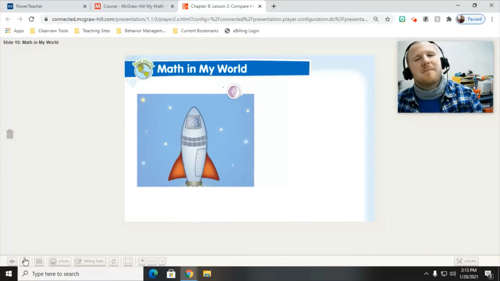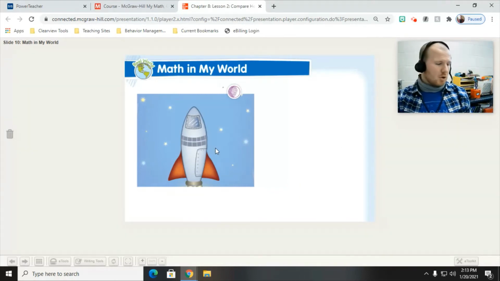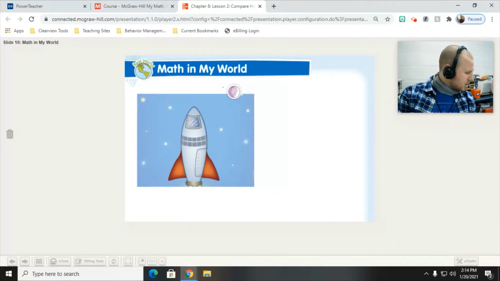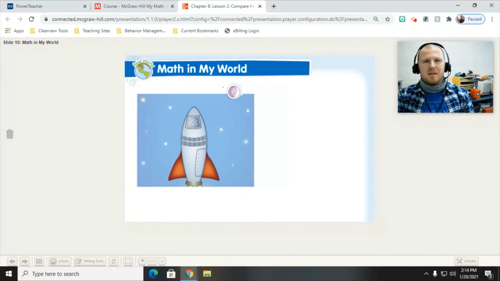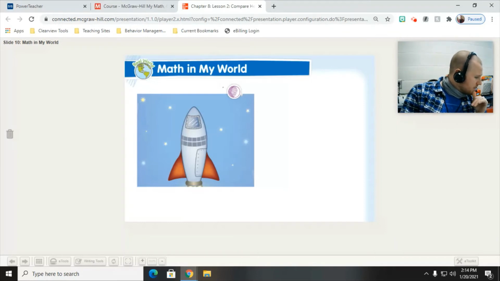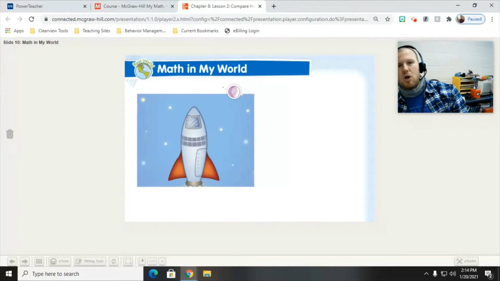Isn't that interesting? All right, so this is the first page that you're going to see in your books. And so let's see what they're talking about here. They want us to play with the rocket ship. And of course, you guys might not have those blocks in front of you, but like I said, if you have your Cheerios or Cheez-Its around, anything that you can use as a unit, coins, pennies, dimes, you can use that here. What they want us to do is to make a rocket that is taller.